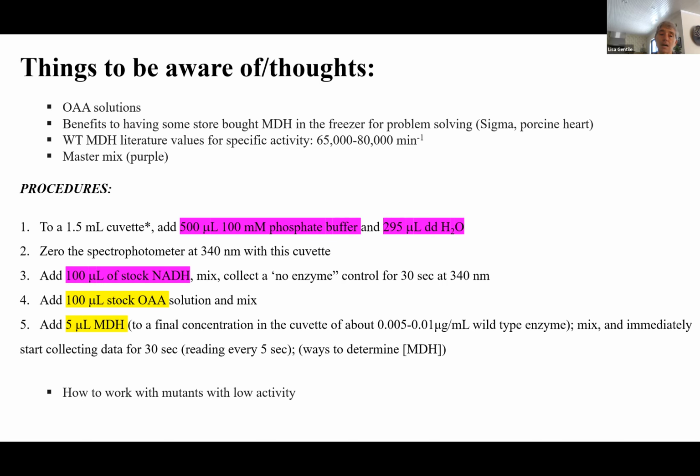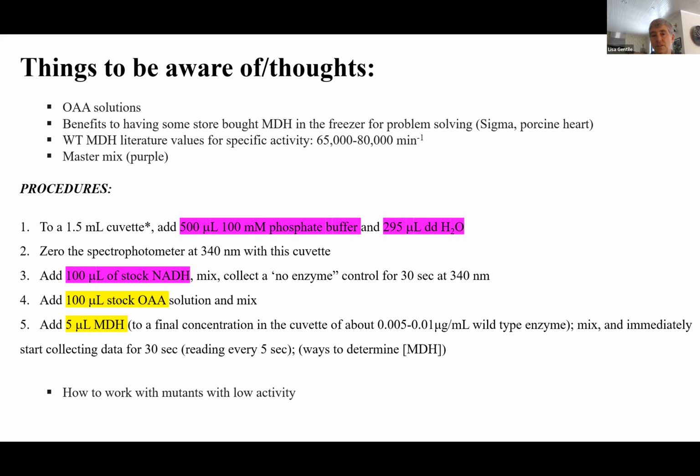And then there were questions on how to work with mutants with low activity. If I look at what's in the cuvette that I've used, the five things that are colored there are in there. If I work to keep the concentration of the buffer constant, I figure that I'm going to add 5 microliters of MDH and 295 microliters of water.